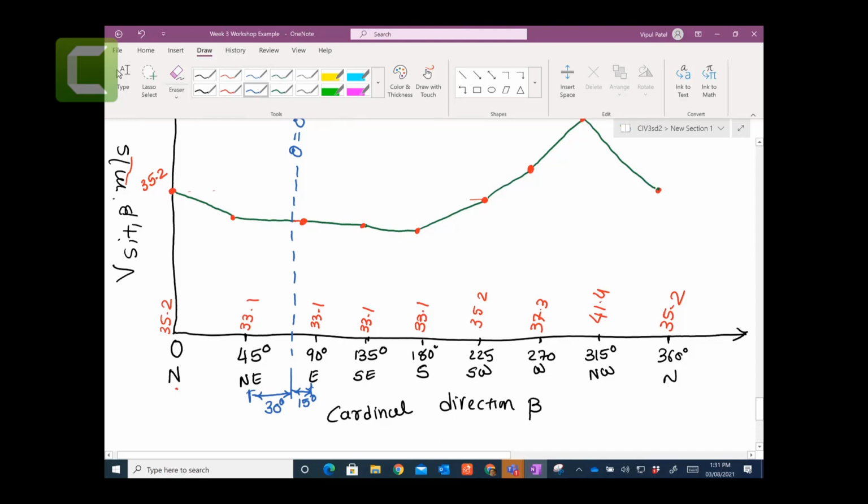Because this is 45. From here to here the distance is 15. So if it is 15, I have another 30 here. And I want to draw this green line that will give me this extra 15 degrees, so it makes 45 degrees from the theta equal to 0.